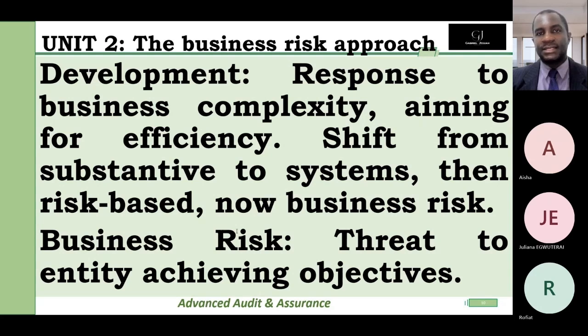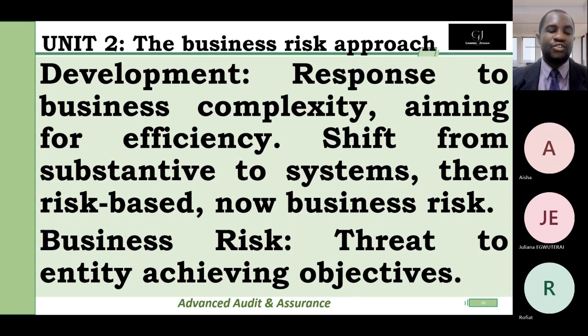And the aim, like I said, is to increase efficiency by focusing on risks that threaten an entity's or a company's ability to meet its objectives. So the focus should be on how this risk could lead to material misstatements in the financial statements. This is very important to take note of.